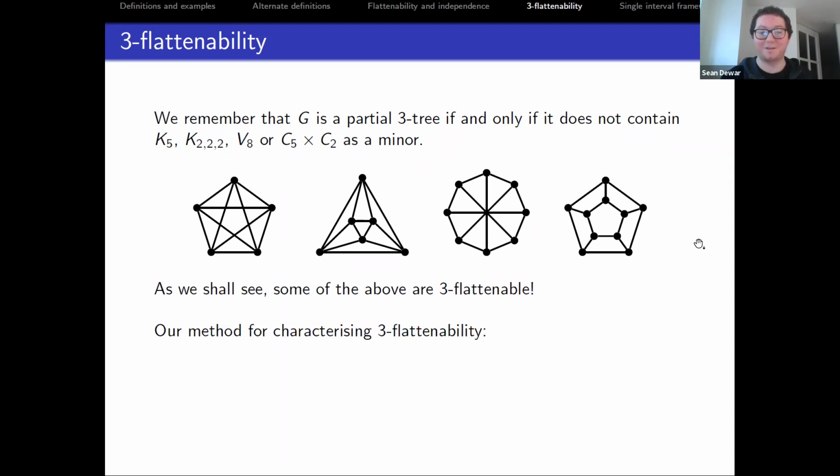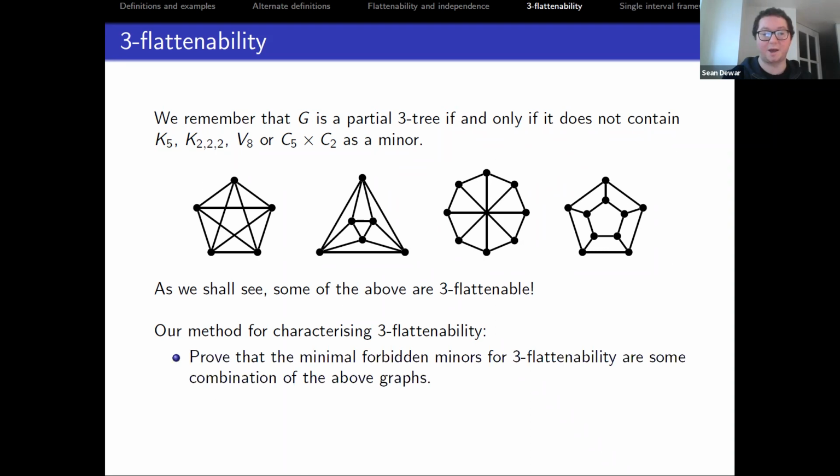So our method for characterizing 3 flattenability, in the next lecture, will be to prove that the minimal forbidden minors for 3 flattenability are some combination of these 4. Maybe these 2 are 3 flattenable and these 2 are not, but it could be that there's some hidden minor of these 2, or some other hidden minor that would have been covered by these cases.